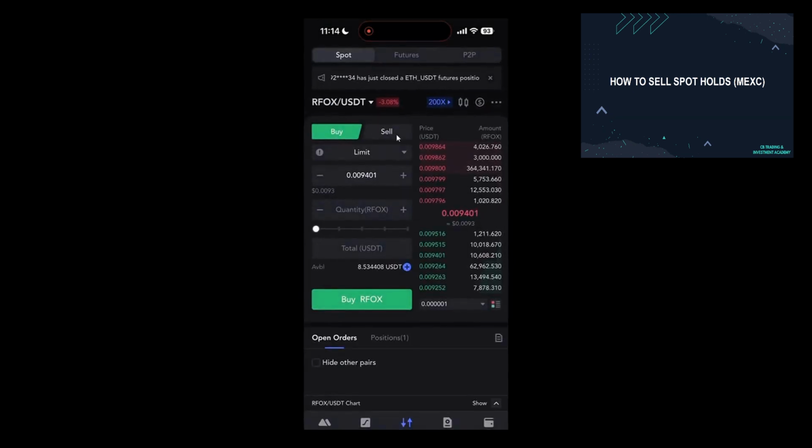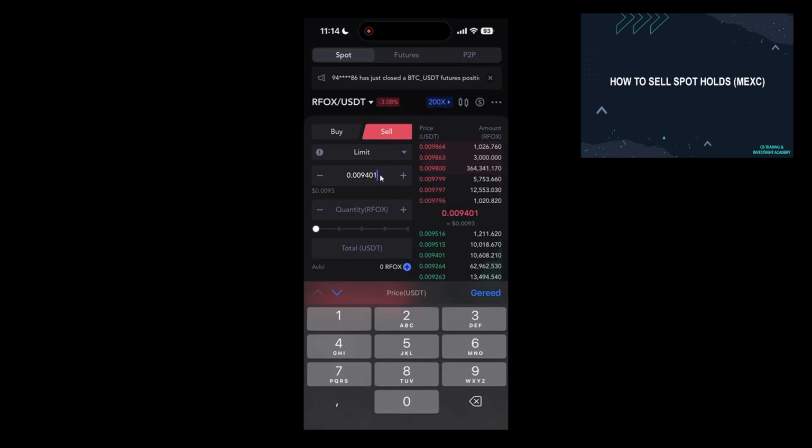You click it, and then you should press sell. And then you have two options. You can set a limit sell, which means you are selling at a certain price that you have in mind. So let's say I want to sell at 25 cents. Then you put in a limit order for 25 cents, and here you will see how much RFox you have back on Mexc.